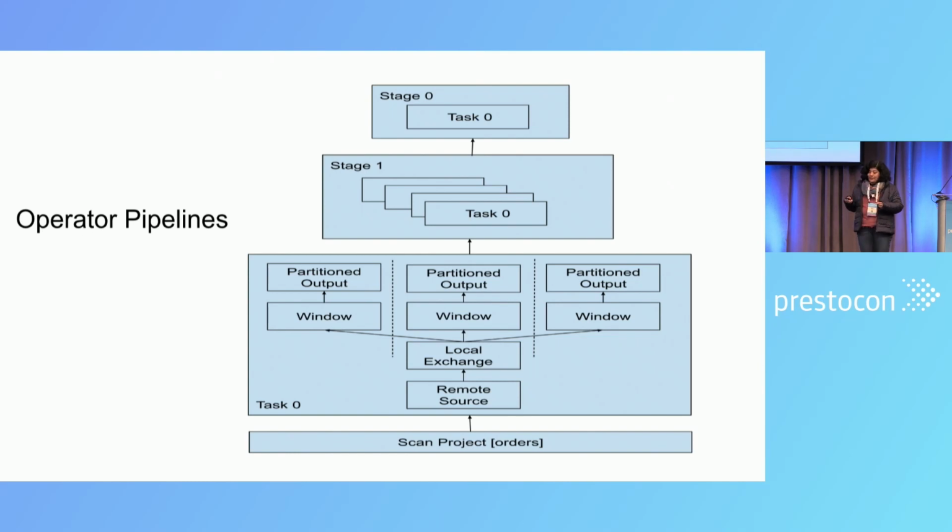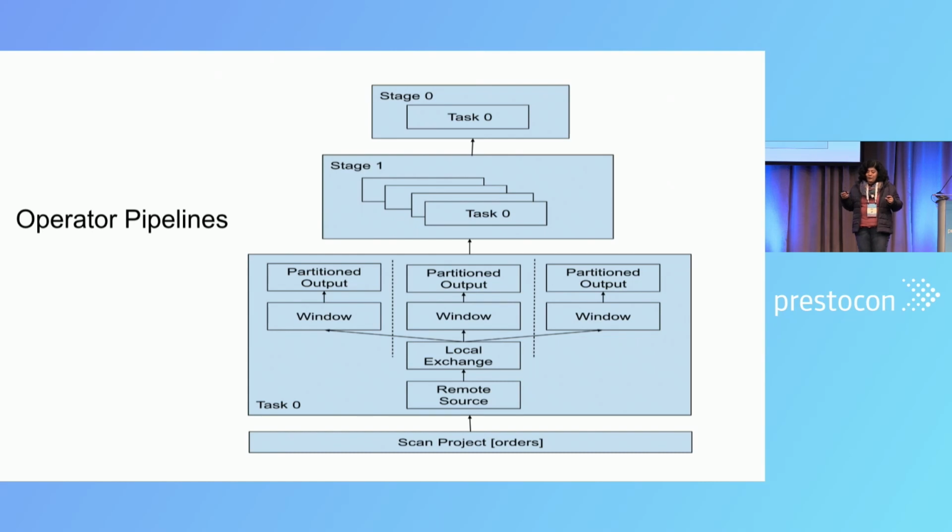In my example, you have a remote source node which picks data from the lower-level scan project. There is a partitioning local exchange, which shows that this can blow up into multiple pipelines. That local exchange is aware of the partitioning key, and it blows into 3 different pipelines, and in each pipeline you're executing a window operator.